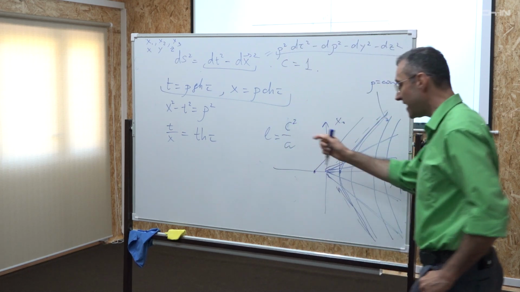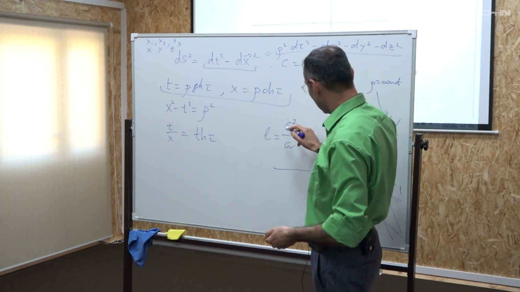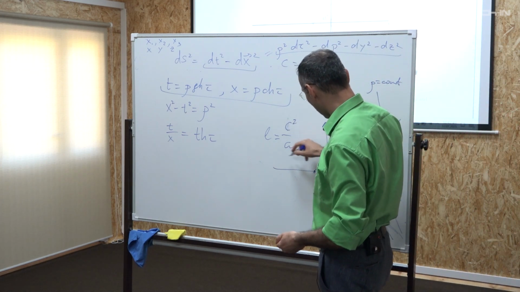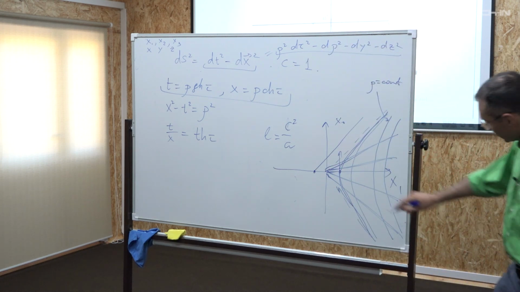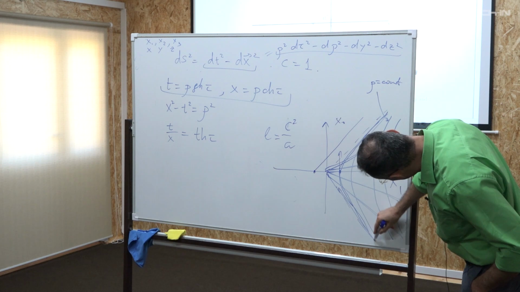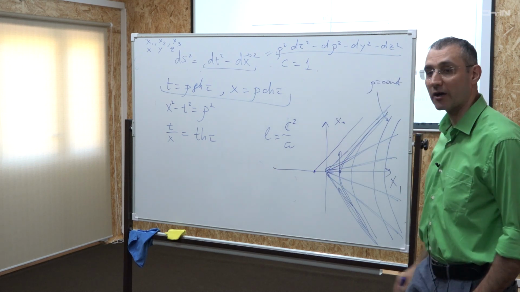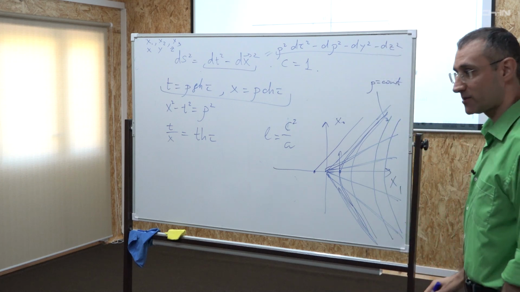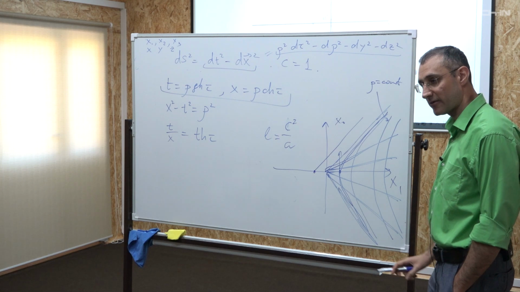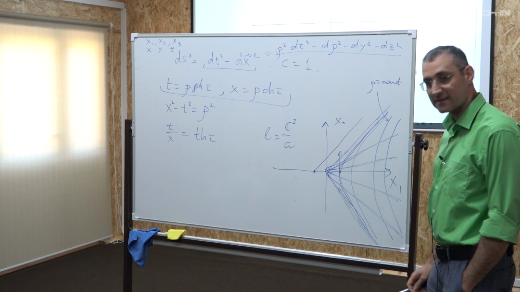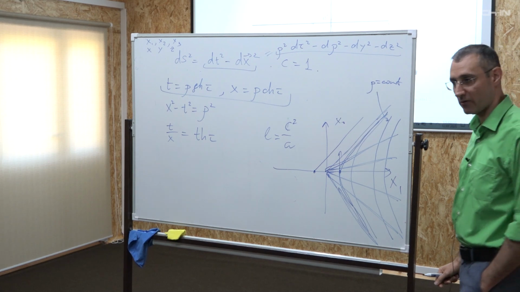So if I radiate light toward an eternally accelerating particle from a distance less than that, this light ray will never catch up. That's the reason these asymptotes of the hyperbolas are a horizon. It's an event horizon for the eternally accelerating observers. That's what makes this picture very similar to a black hole.